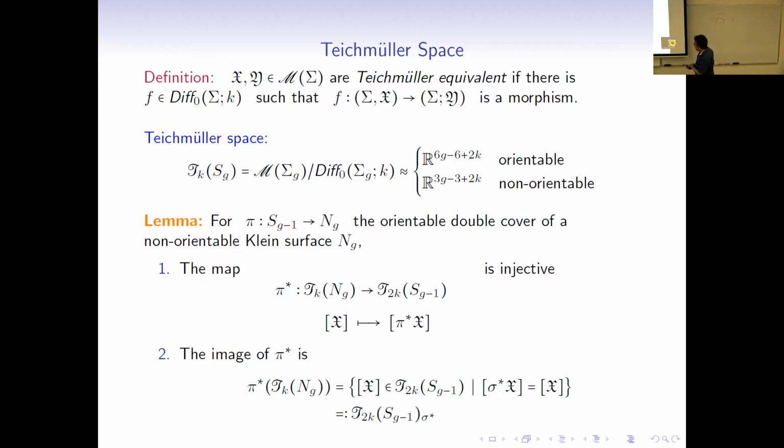So you get the Teichmüller space of the surface with k marked points, which turns out to be a Euclidean space of dimension 6g minus 6 plus 2k in the orientable case, and roughly similar in the non-orientable case.